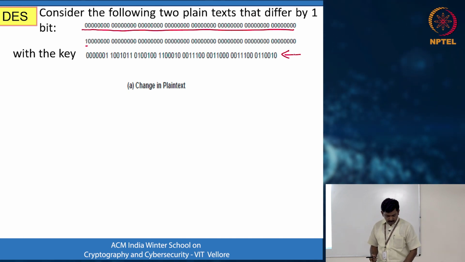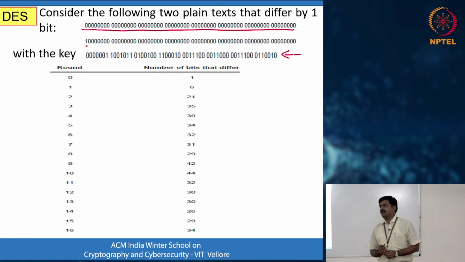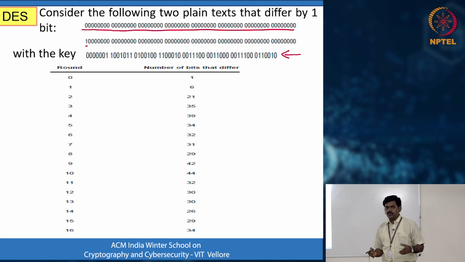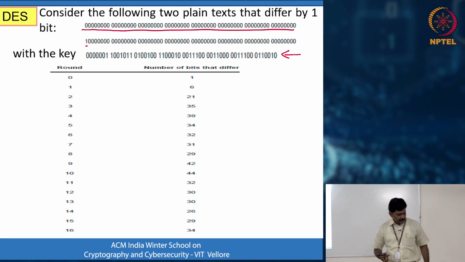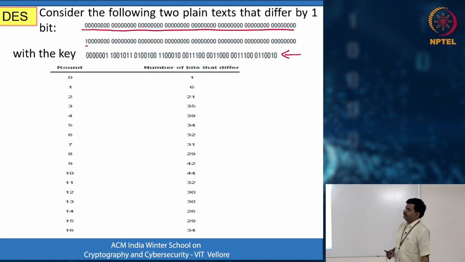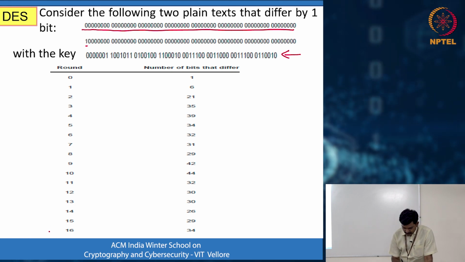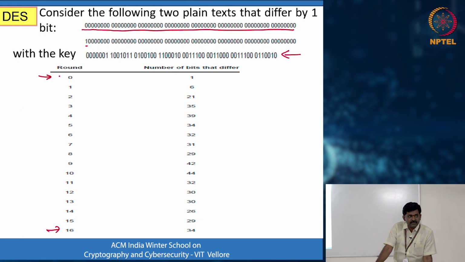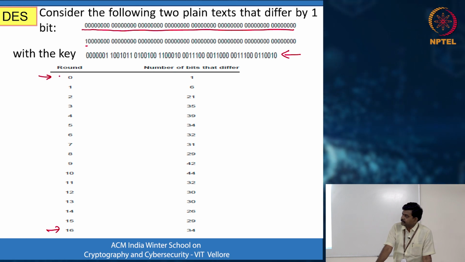If you see the operation of DES on these two plain texts with the same key, how many rounds do you have? 16 rounds, right? When you start at round 0, what is the difference between these two plain texts? How many bits? Only one, right?